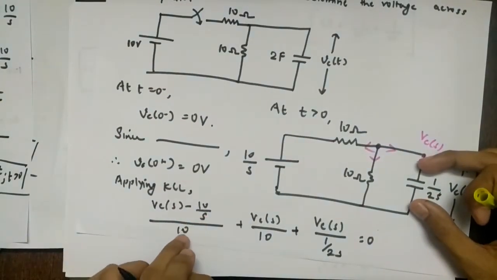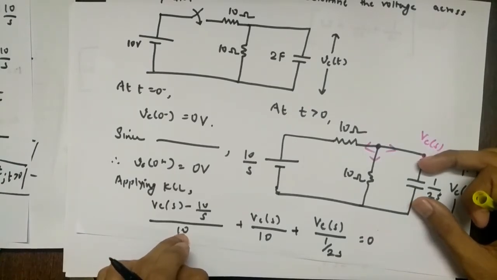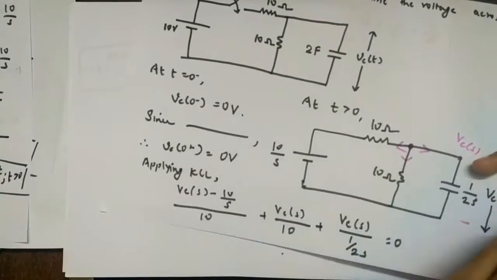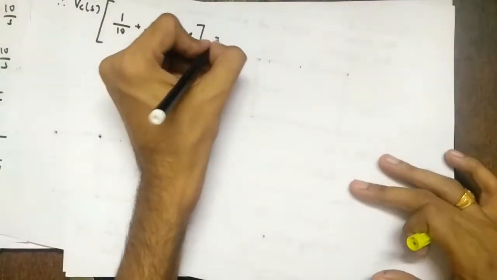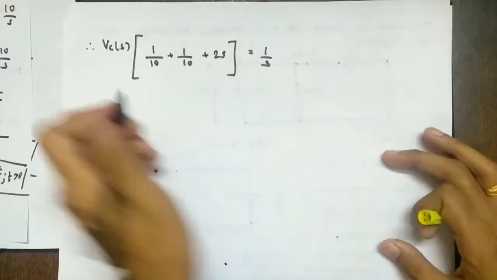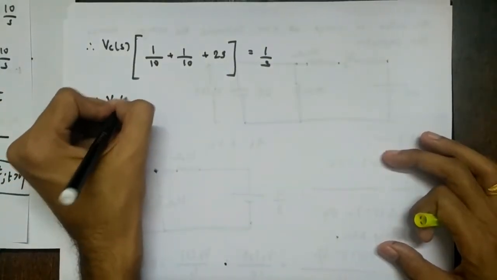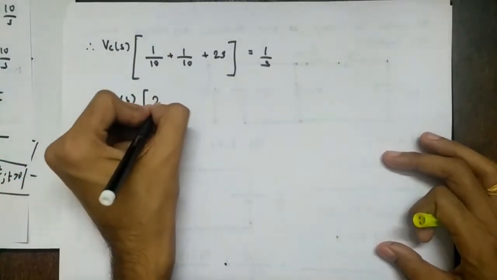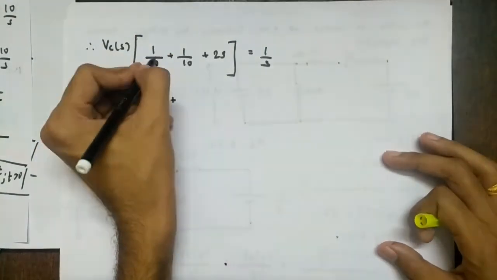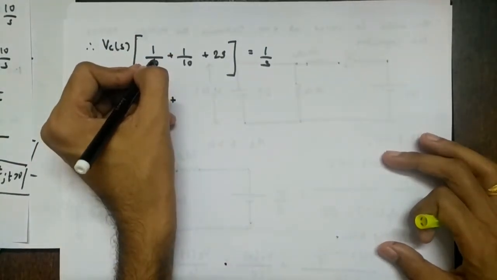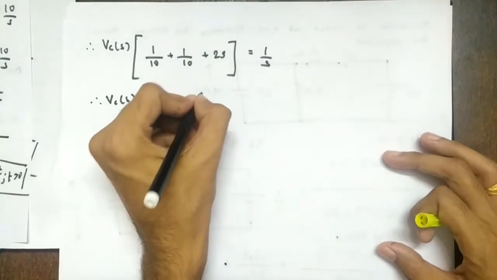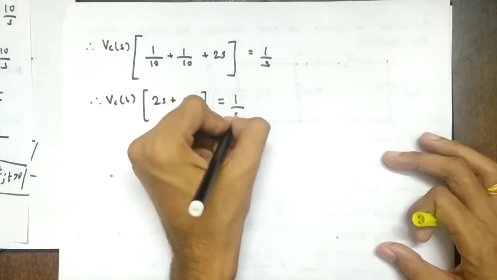Minus 10 upon S upon 10. So minus 10 upon 10S. So minus 1 by S. That is the only constant. So equal to 1 by S. Right? So therefore Vc of S into this will be 2S plus 1 upon 10, 2 upon 10. So 0.2 equal to 1 by S.